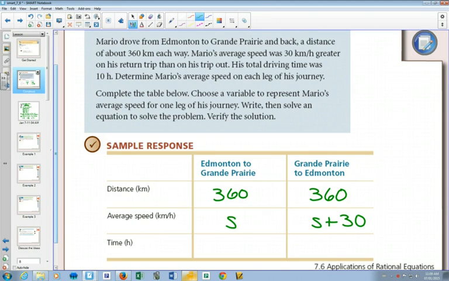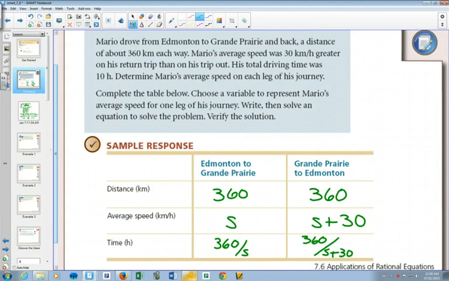We don't know his time from Grand Prairie to Edmonton. But this is where we use that step 3 where we use those equations. Time is distance over speed. So this one is 360 over S, and this one will be 360 over S plus 30.